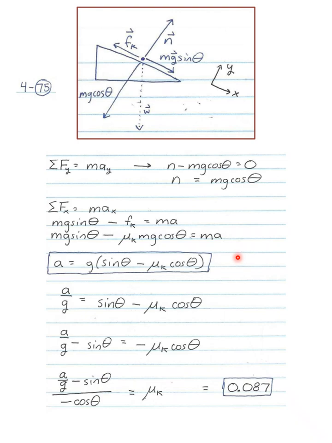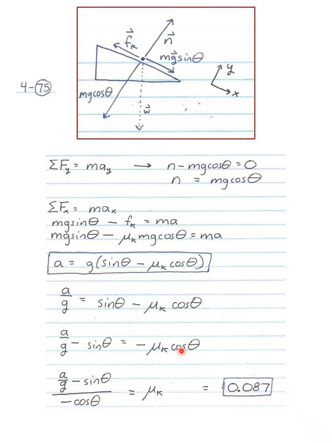All right, now from here, we recognize we have to solve for mu sub k, so we're going to go through the algebra step by step, peeling away things from mu sub k. The first thing we do is recognize that the quantity in parentheses is being multiplied by g. So I'll get rid of that by dividing both sides of the equation by g. The next thing I see, if I just focus on what's left, I want to get rid of that sine theta that's being added.